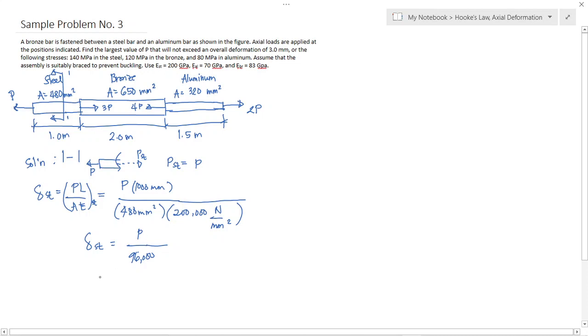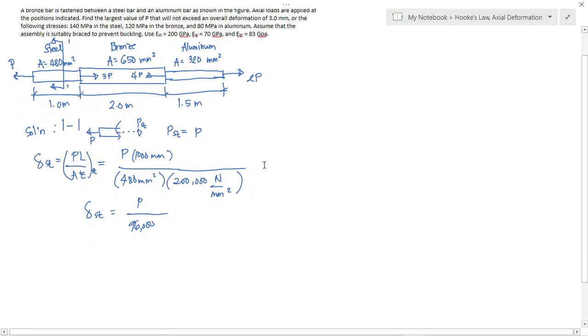Then for the bronze, let's section here. Let's say 2-2. Considering 2-2, we have 3P here, and then you have P here.